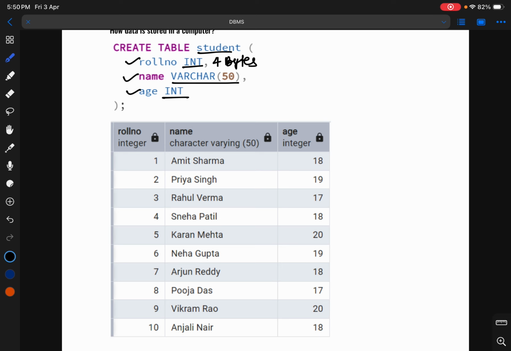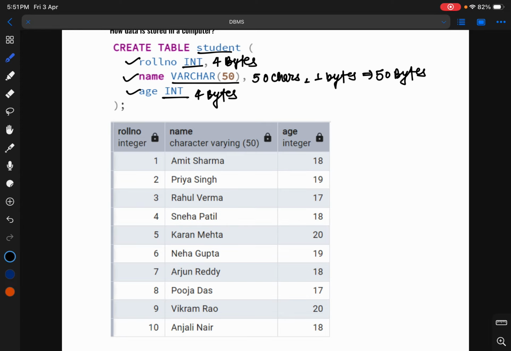Let's suppose at max it can have 50 characters, and each character takes 1 byte of memory. So a name at max can take 50 bytes, and again age will take 4 bytes of memory.